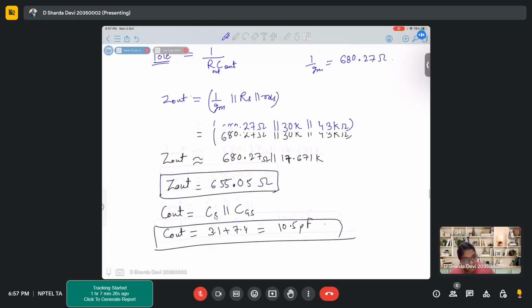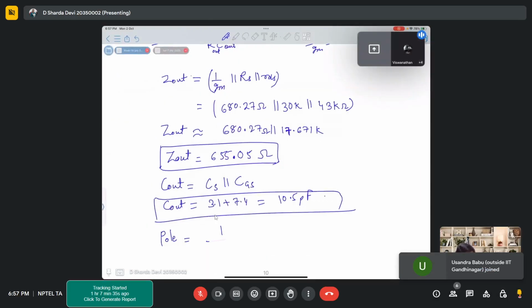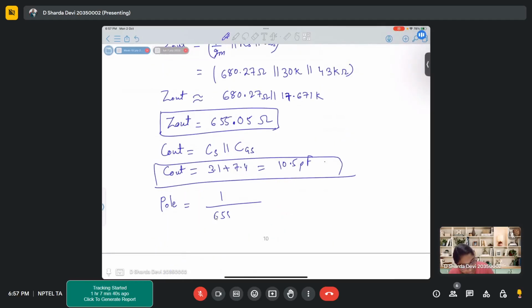Now we have got Z out, we have got C out. So the pole in radians per second is 1 upon 655.05 into 10.5 pico, so it will be 10 to the power 12.